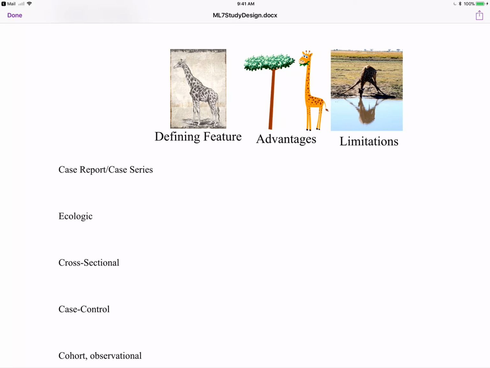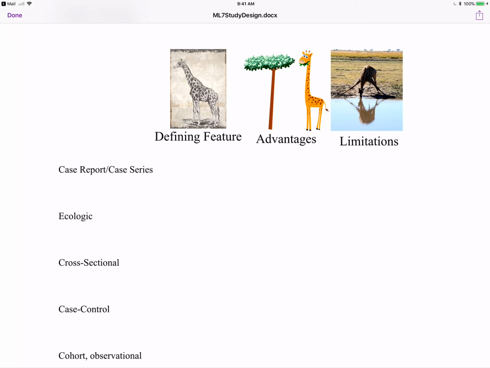The advantages and limitations are intricately tied to the defining feature, the thing that makes it unique. So that's the thing that I would want you to take away from it. If you can identify the study design type, and you know the defining feature of that study design type, then you will know the advantages and limitations.